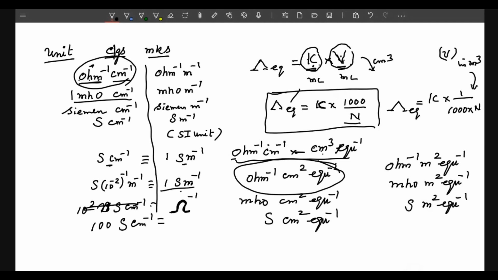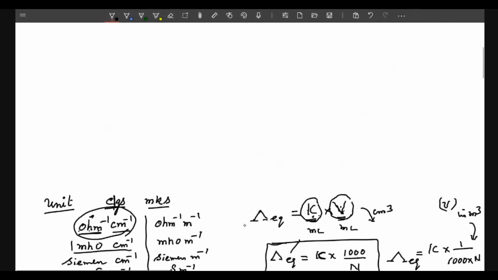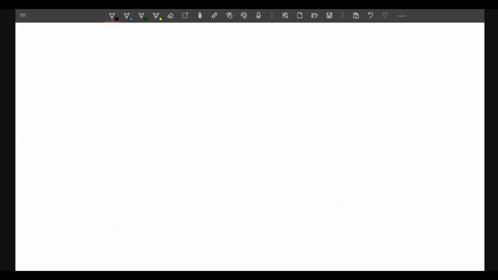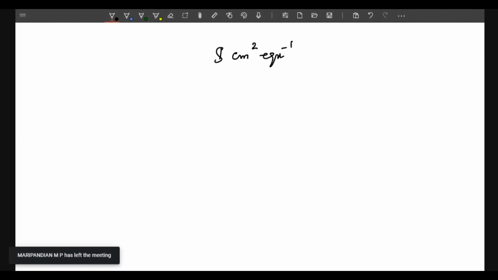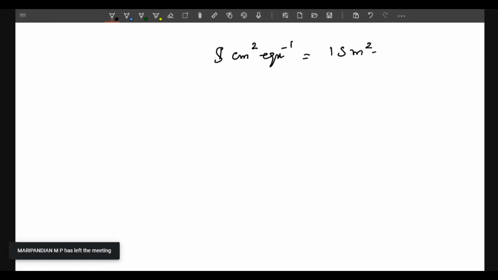Now our next relationship: Siemens centimeter square per equivalent is equal to how much Siemens meter square per equivalent?